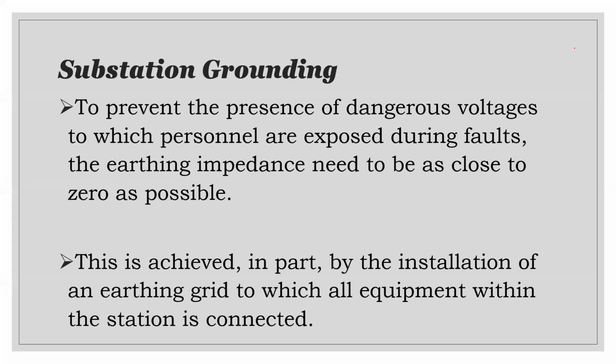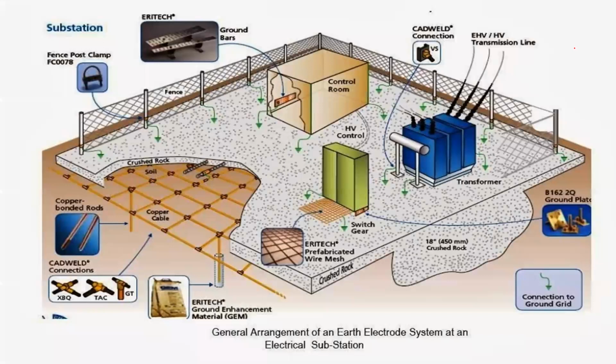And this is achieved in part by putting in what we refer to as a grounding grid or earthing grid. And all equipment, everything within that substation, is connected to the grid. Now, I think I have sent you these photos, so you can have a look at it. So here's a typical substation. And here's your grid.